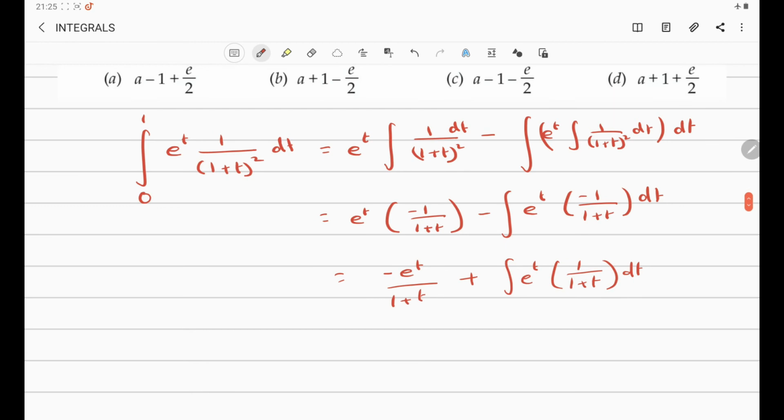Now let's find the definite integral of this. Here we are finding from 0 to 1, so let's put the limits now. We get this as 1 and 0, and this is also 0 to 1.